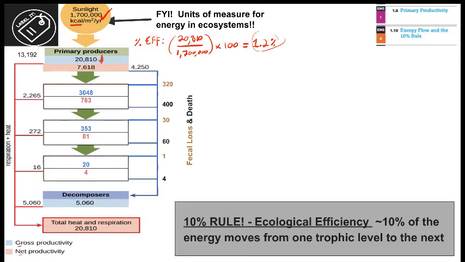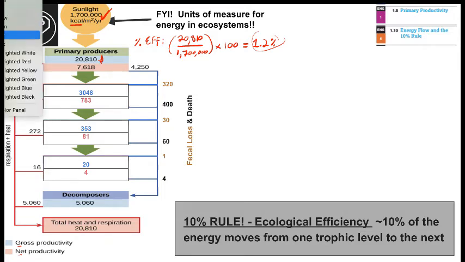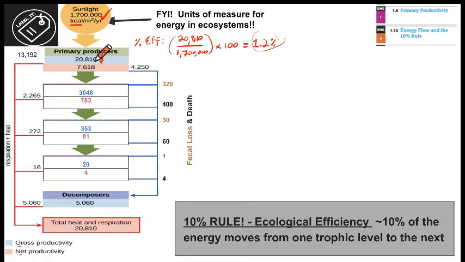From there, we're going to go ahead and change the color, and we're going to talk about the next step. So GPP, let's label that, this is GPP, gross primary productivity. Now we want to figure out net primary productivity. So we have to take the gross minus respiration, which is right over here, to get the net.